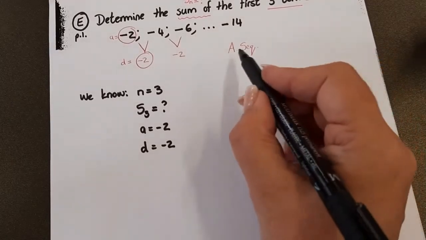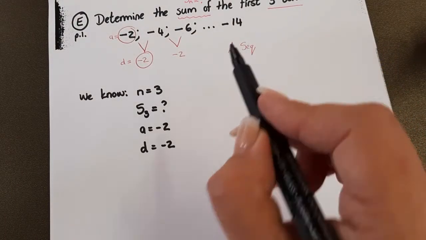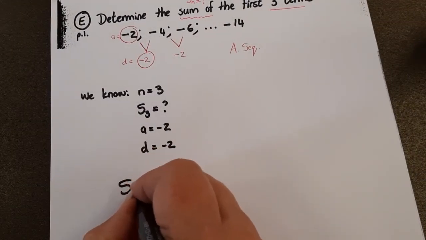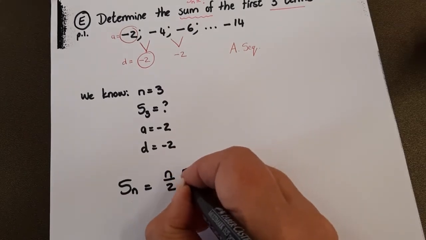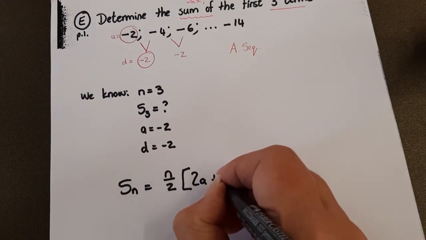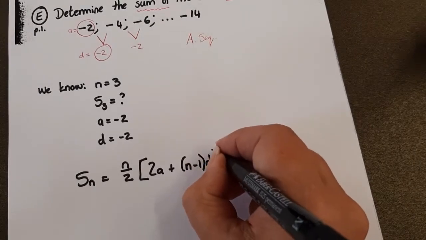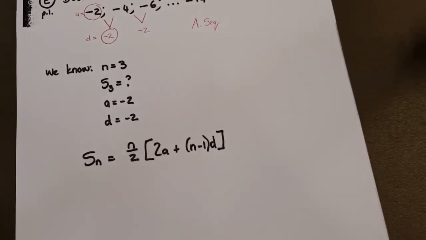So we use the arithmetic sequence sum formula. Sn equals n over 2 times (2a plus (n minus 1) times d), close the bracket, and you just substitute all your values.